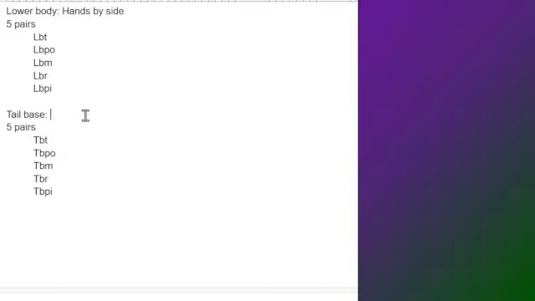Anyways, or you could have it cross over, and then tail tip goes up. So the signs make kind of a weird U shape as they move down the body, and then the wing is, of course, just going to be straight out. There is no question about that.